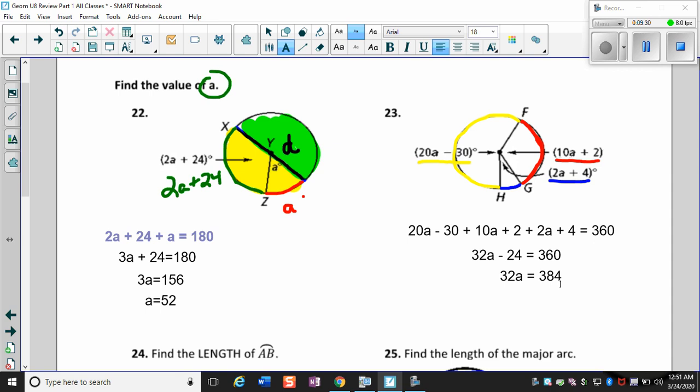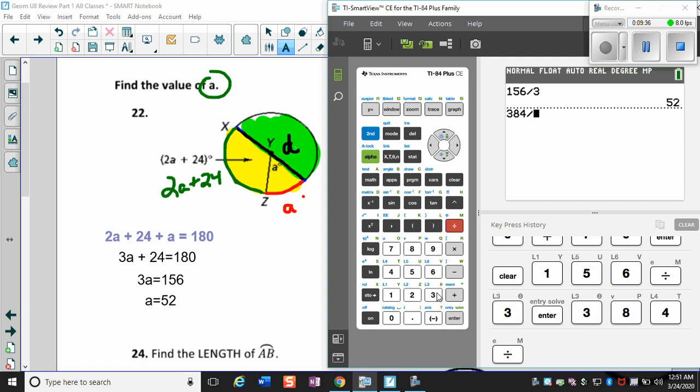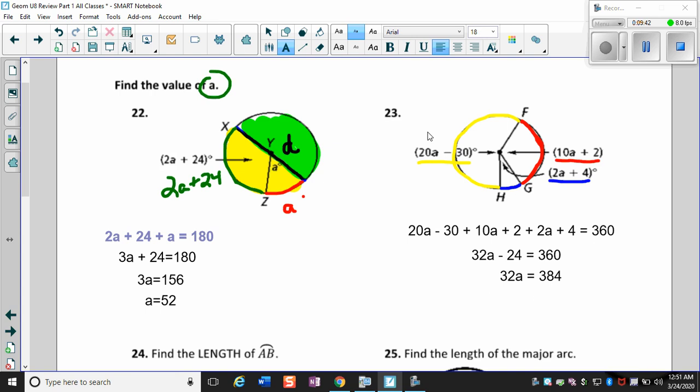So let's use our calculator. 384 divided by 32 gives us a value of 12. So here we go. We find out that a is equal to 12. Excellent.